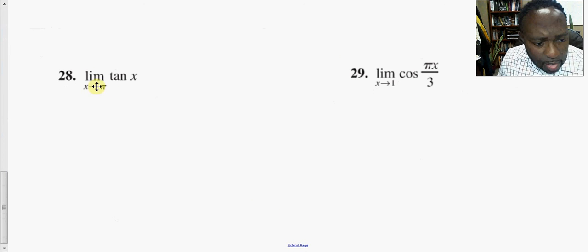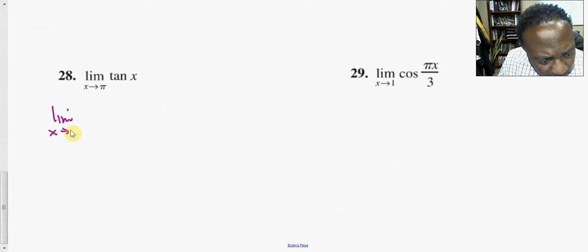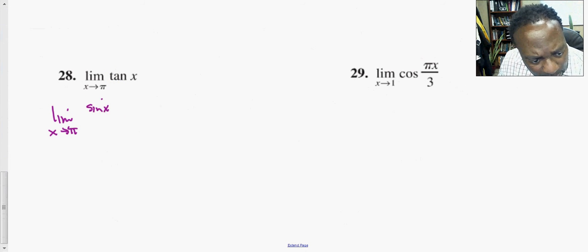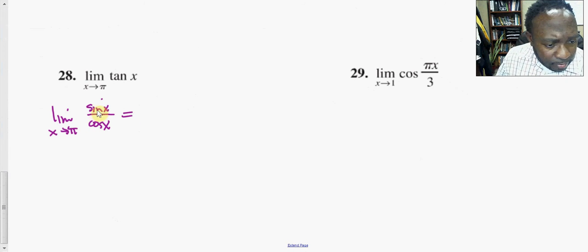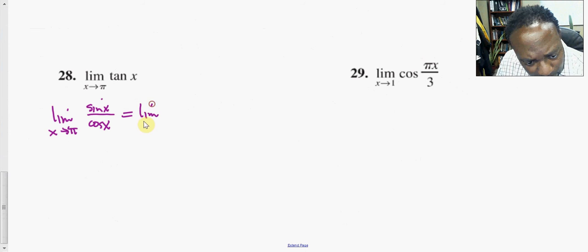What about the limit of tangent x as x approaches pi? We're going to break this up into parts. Tangent is sine x divided by cosine x. So the limit of sine x as x approaches pi, well, sine of pi is 0, so this is the limit as x approaches pi of 0.